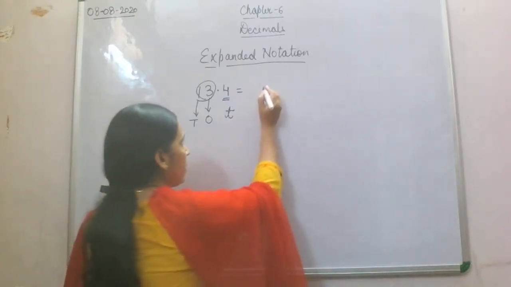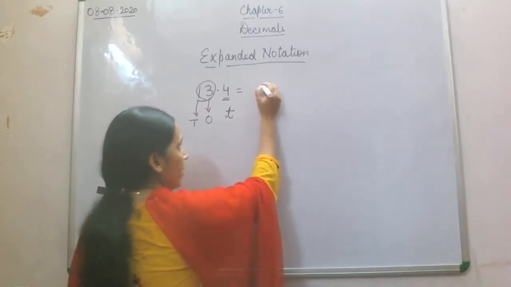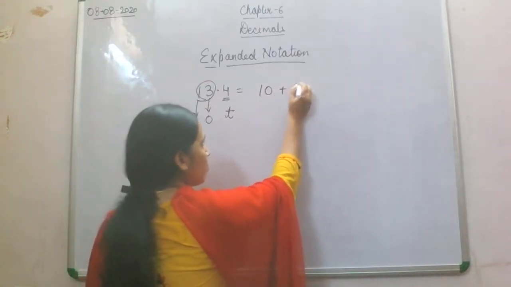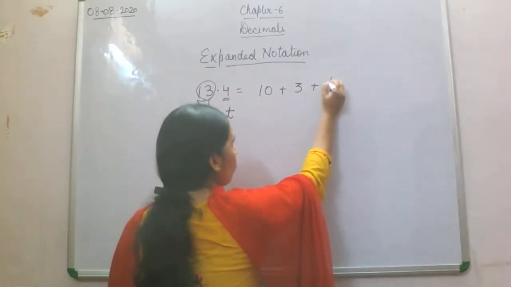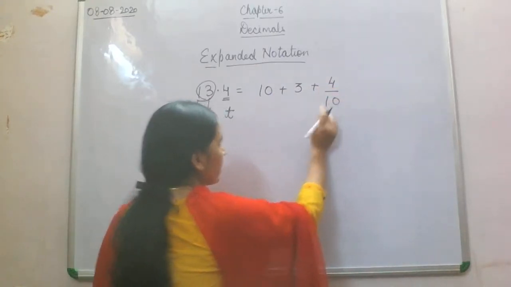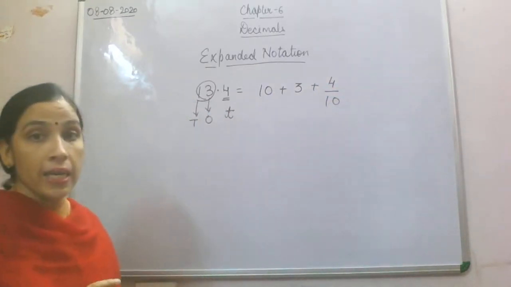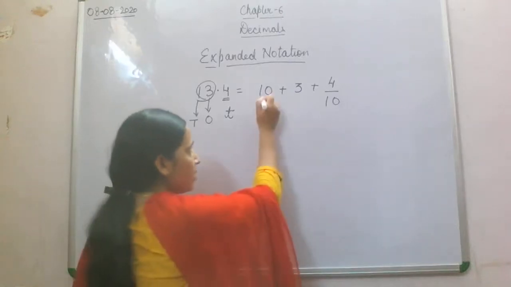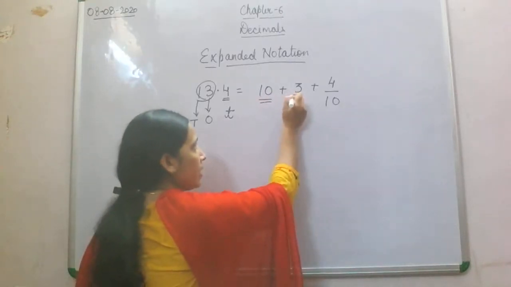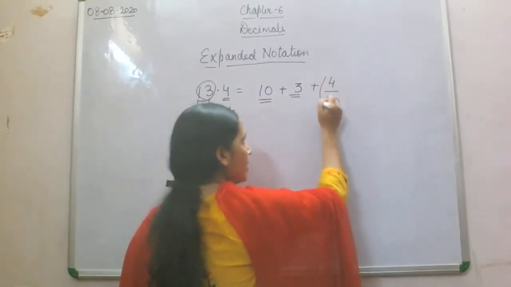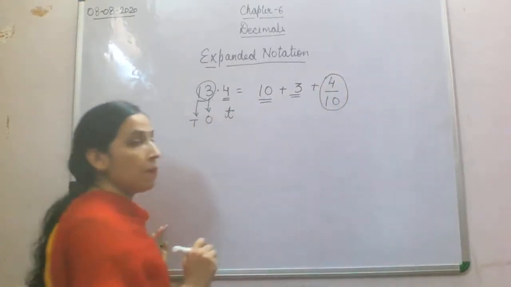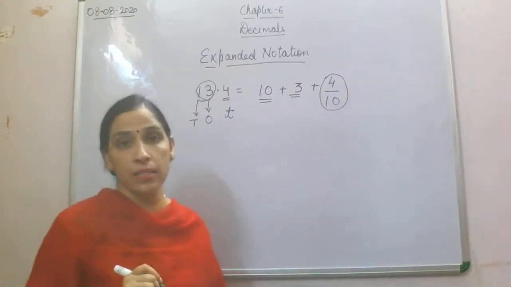What will be the expanded notation of this? 10 plus 3 ones plus 4 divided by 10, that is 4 tenths. Here 13 is your whole number part, and 4 is your first decimal place, which is your tenths place.